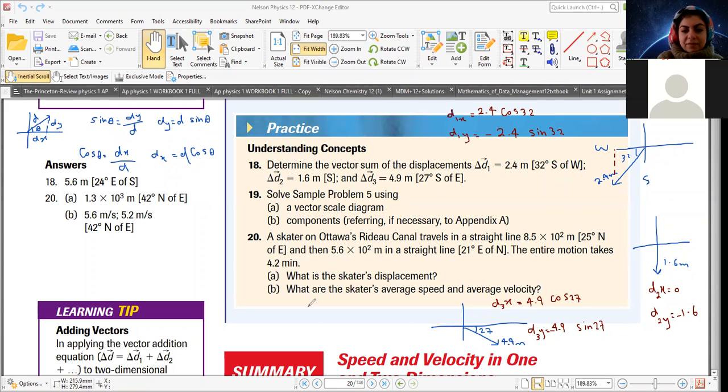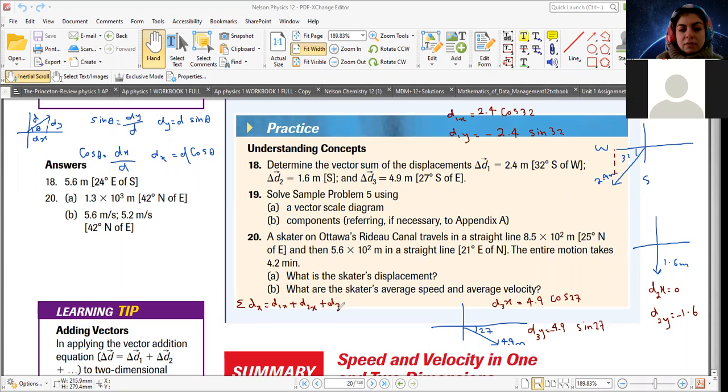So if I want to add everything, I need to add the total displacement in the x direction. It's going to be D1x plus D2x plus D3x.